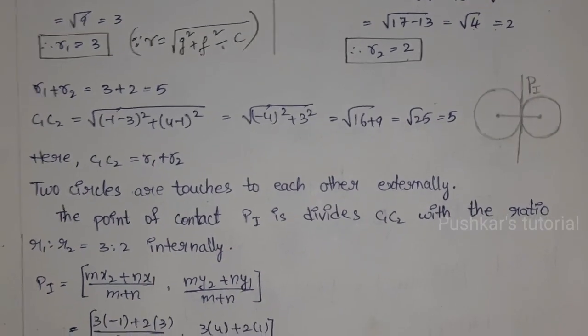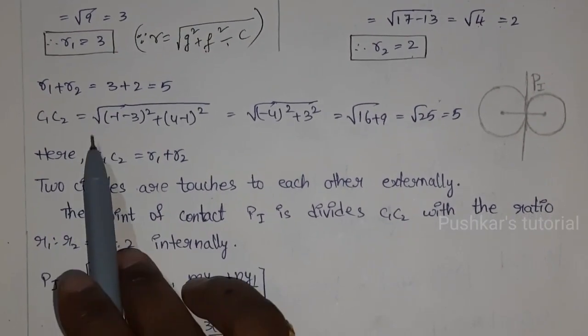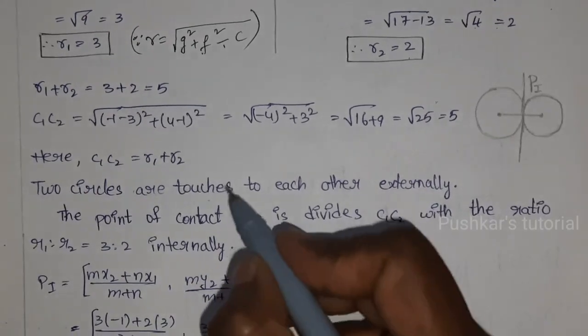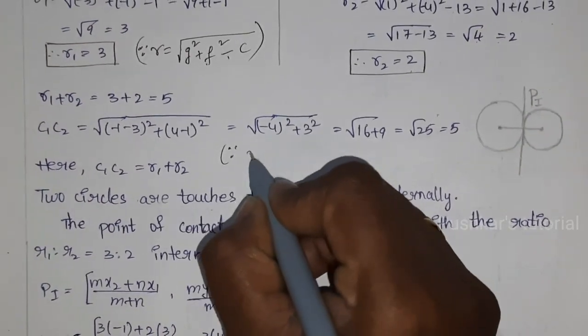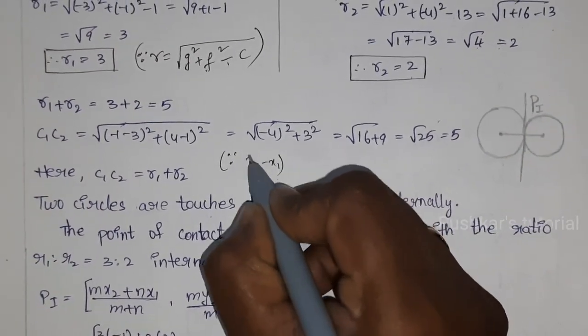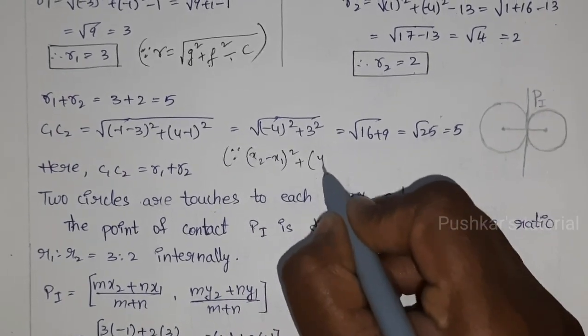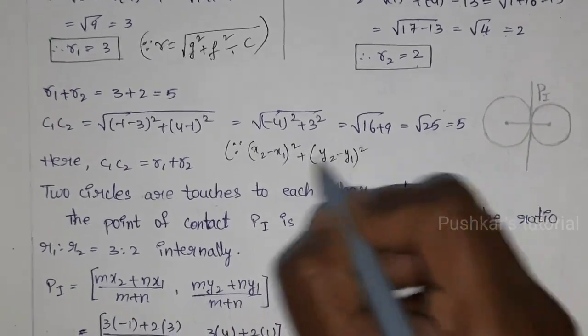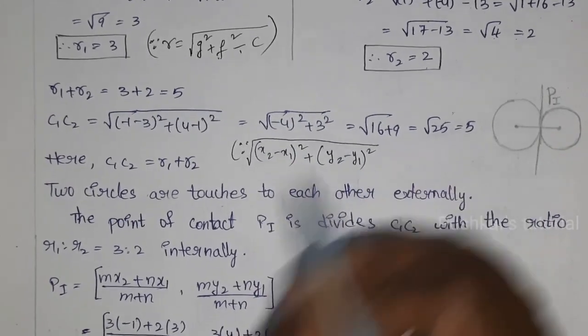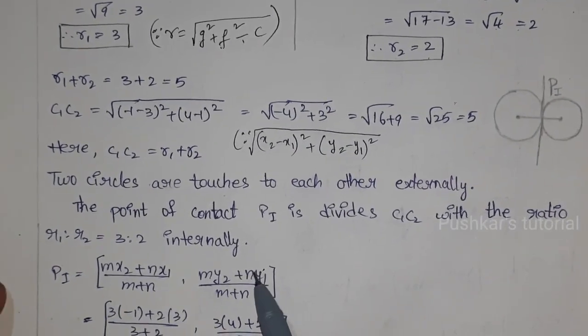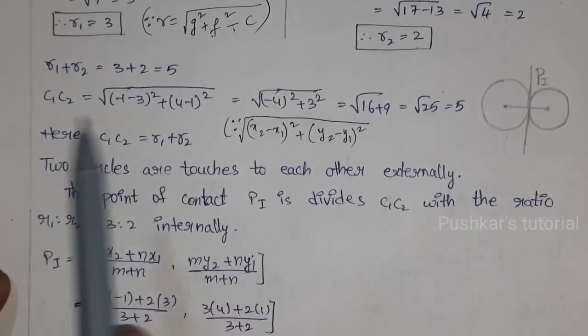Means distance C1 C2. Distance formula what? Under root (x2 minus x1) whole square plus (y2 minus y1) whole square, under root. So x1, y1 what we have to take? Center C1, C2.